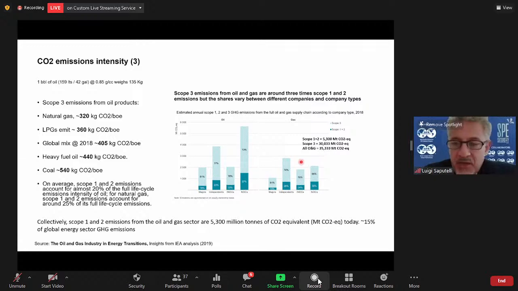So I want you to keep these numbers in mind, because when we're talking about CO2 flooding and CO2 emission reductions, and people say, I'm going to save so many millions of tons of CO2 equivalent per year, I want you to understand in which percentage, in which numbers, we are showing these elements.